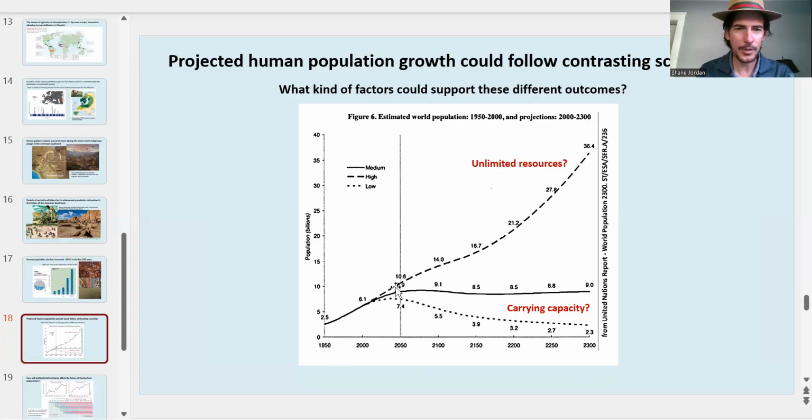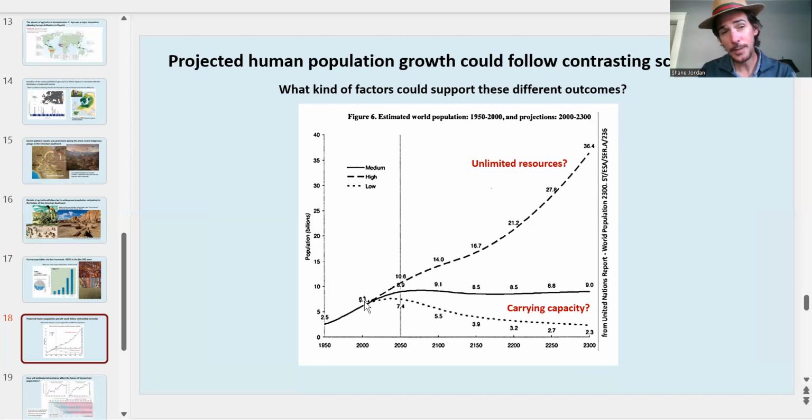And we can kind of look at these three scenarios where we see human population continuing to grow almost exponentially to the point that our population is something close to 36 billion individuals by the year 2300, which seems unlikely. We can talk about our population size kind of leveling off at its present amount, maybe increasing a little bit more, but not really ever growing past that point, which is kind of hard for us to imagine it increasing past this point.